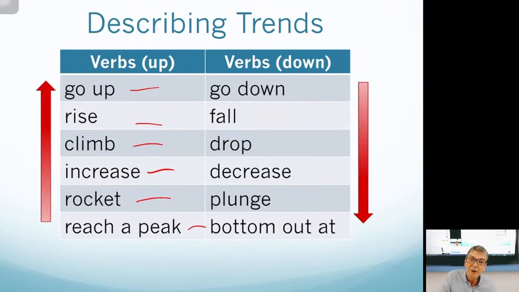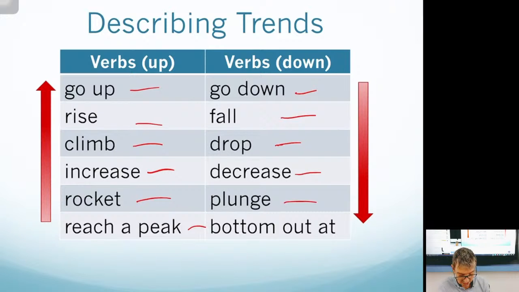Now we've also got verbs for going down. So go down could also be fall. So you've got rise and fall, these are kind of opposites. We've got drop. So to drop very fast. Decrease, this is all going down. And then again, a stronger word for going down is plunge.